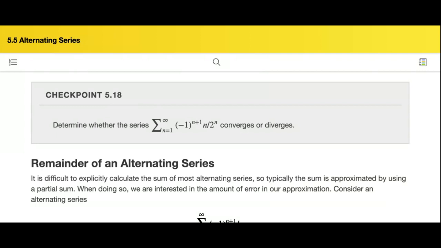Or let's compare with n plus 1 divided by 2 to the n plus 1. So we compare those two terms, right? n over 2^n and (n+1) over 2^(n+1).